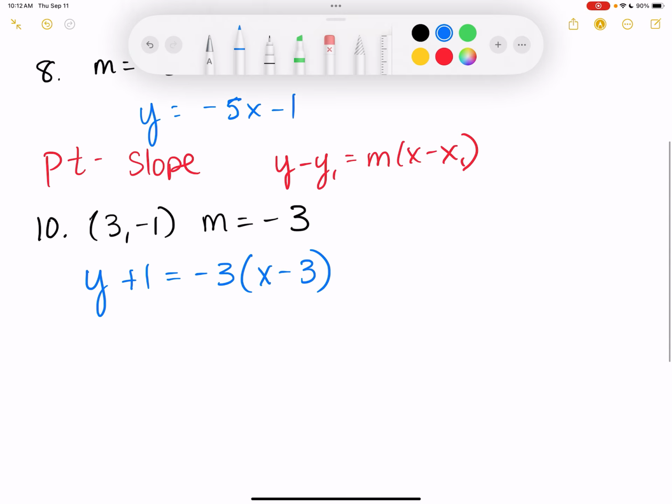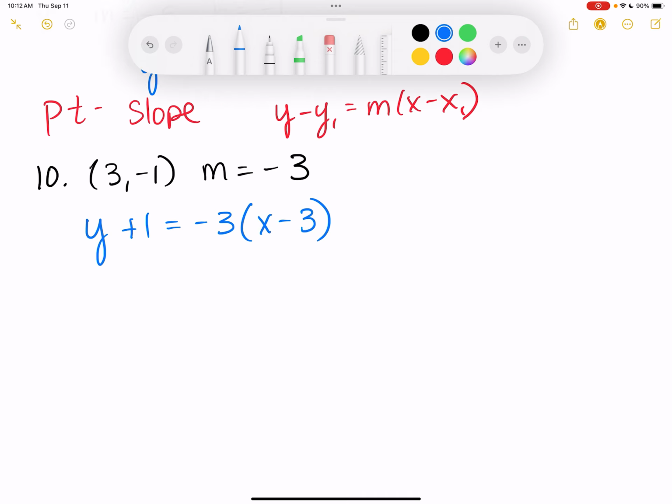Now, the other form of point-slope form, I don't know if it was in your notes, that the pre-cal book and I think the calculus book used, just so that you're aware, is y = m(x - x1) + y1.